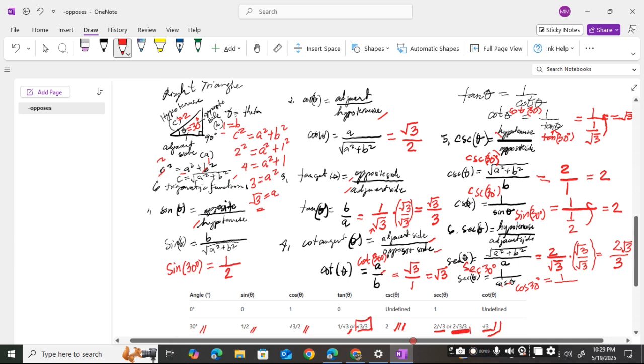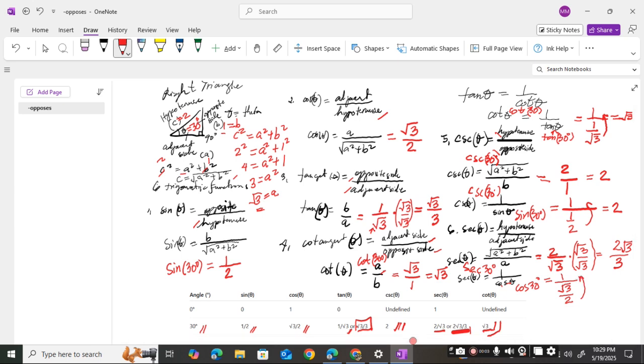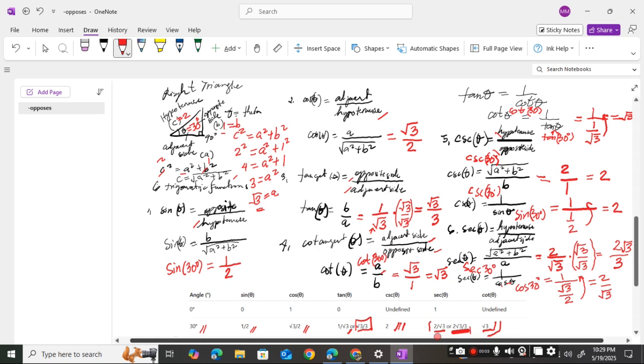That is square root of 3 over 2. If you bring this up, it becomes 2 over square root of 3. And again, that's the answer. It's 2 over square root of 3.